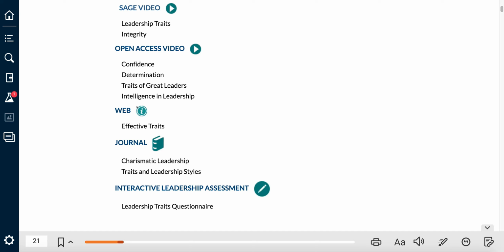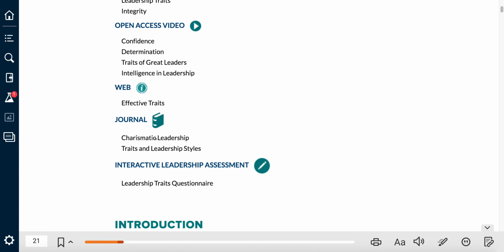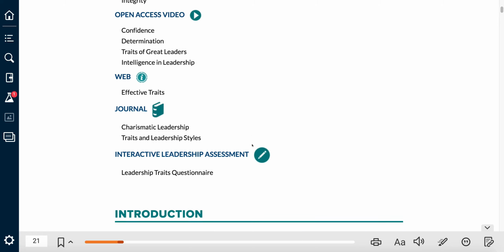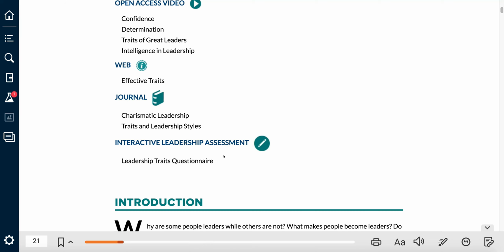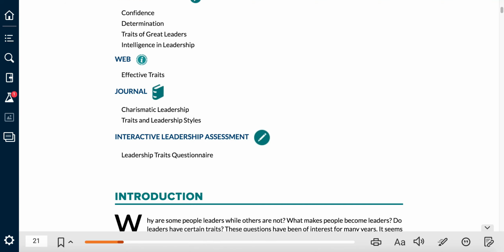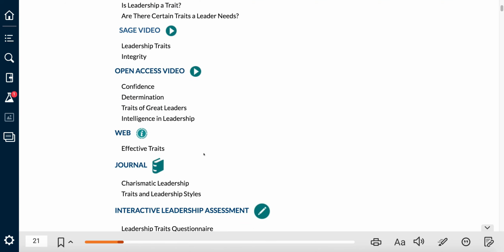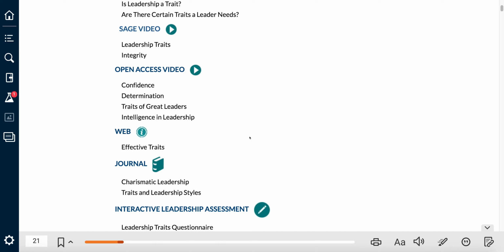We have some web stuff on effective traits. And then we have information on charismatic leadership and trait and leadership styles. There's all kinds of great stuff in here, in a leadership traits questionnaire. So I'm just going to keep that overview there for you just so you know what's coming up.